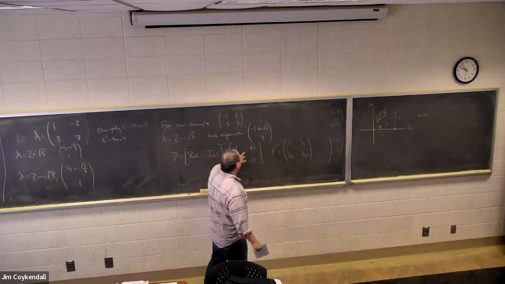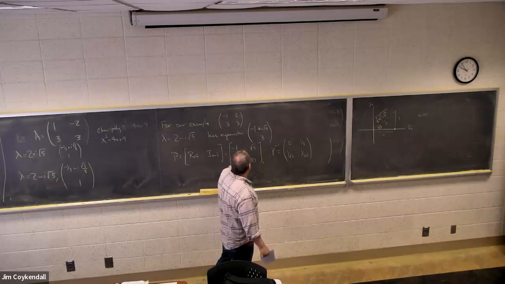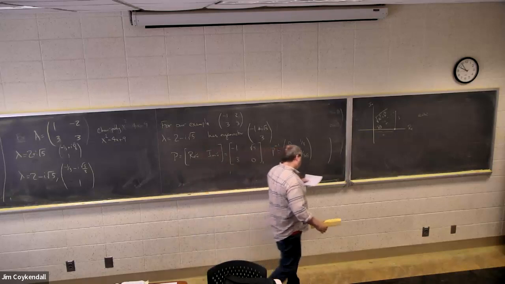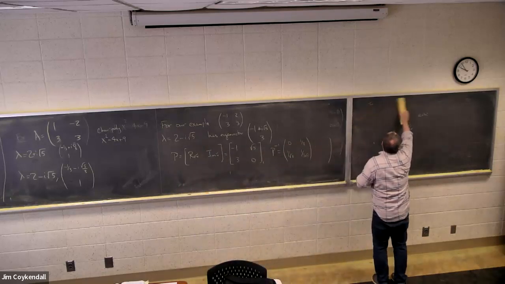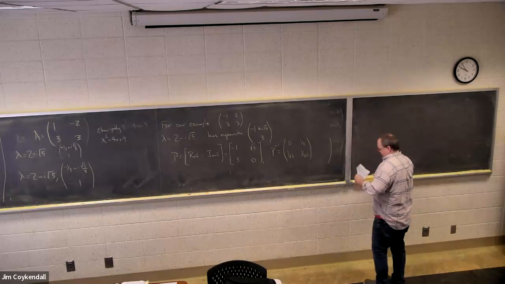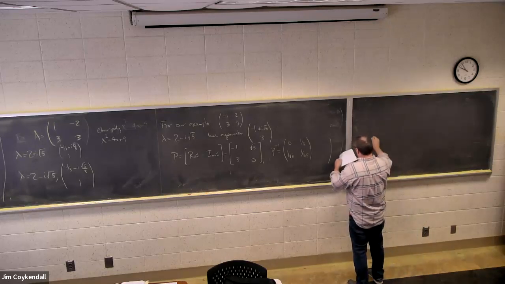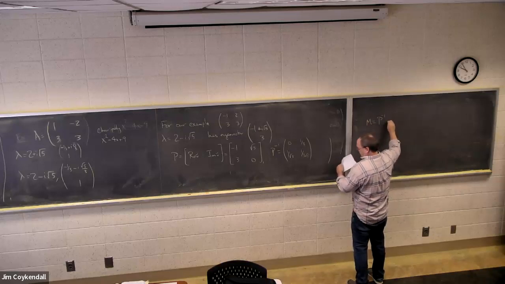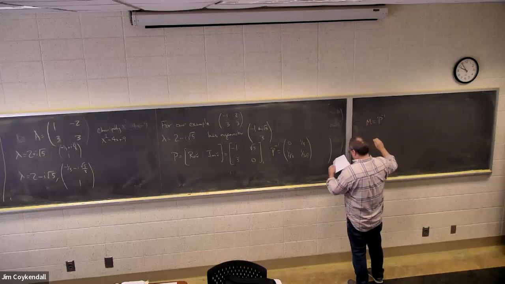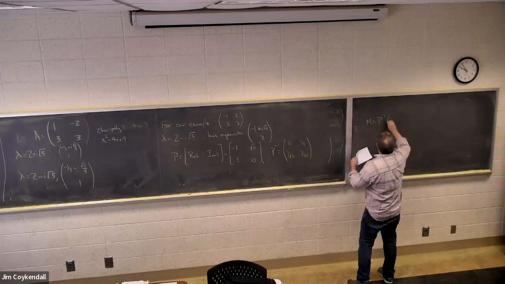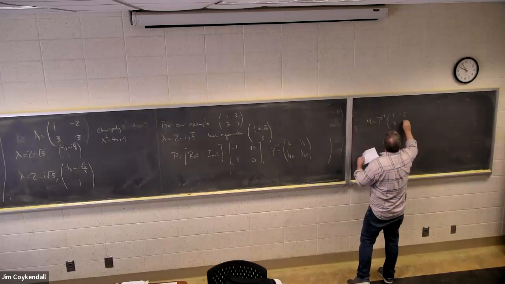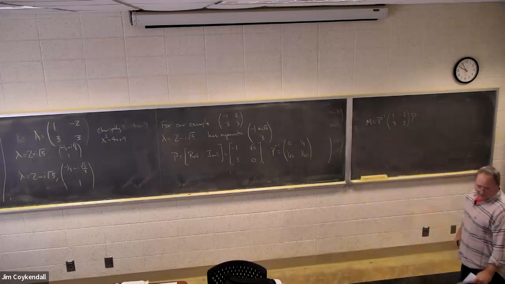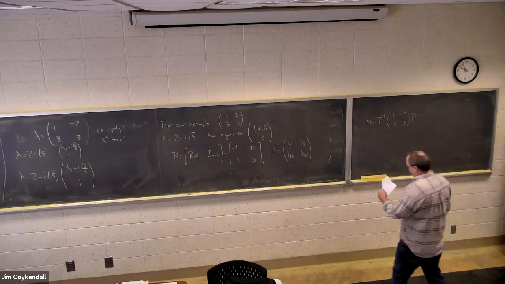And a quick check of this gives 1, 0, 0, 1. Good. So if I look at M equals P inverse times minus 1, 2, 3, 3 times P, you can do this computation out. Make sure you do this computation out.